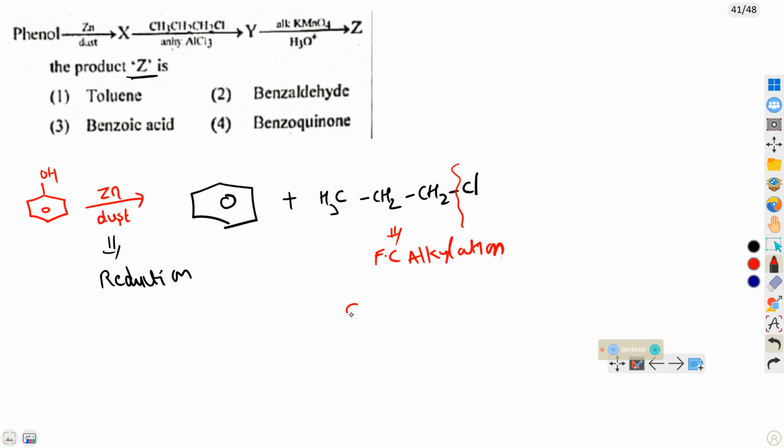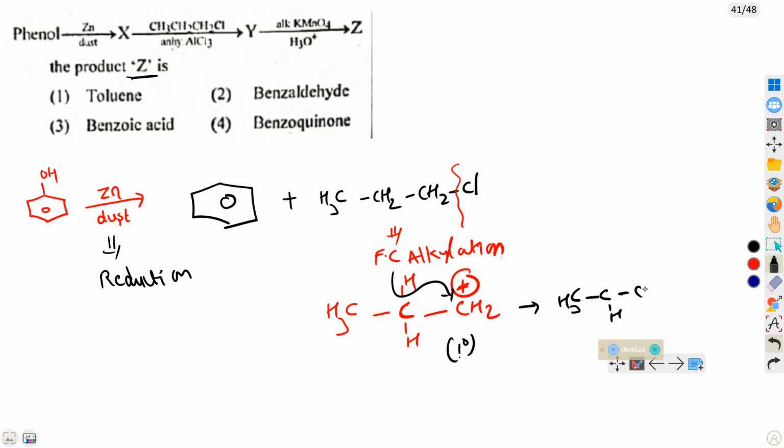Then initially it gives carbocation CH3, CH2, CH2 plus. Now 1 degree carbocation. That's the reason hydride shift takes place. 1 degree carbocation converted to 2 degree carbocation. 2 degree carbocation is more stable than 1 degree carbocation. Then it gives isopropyl benzene.